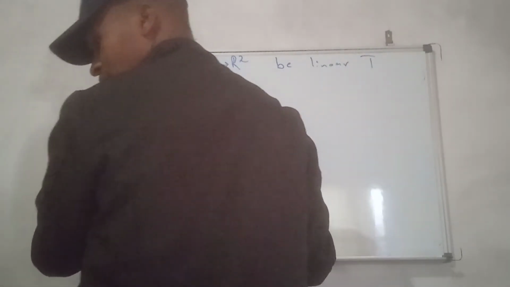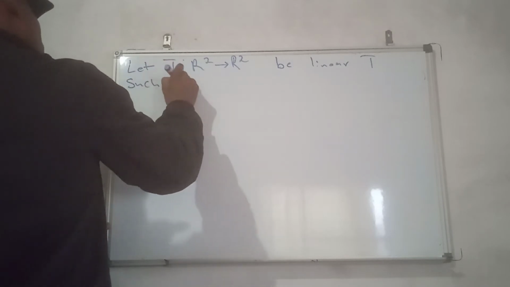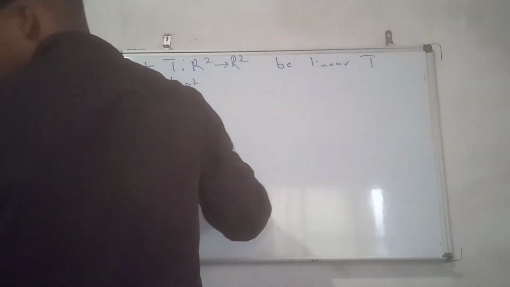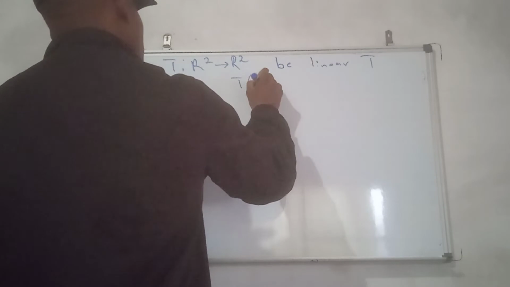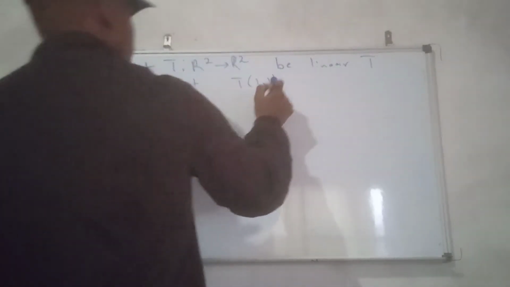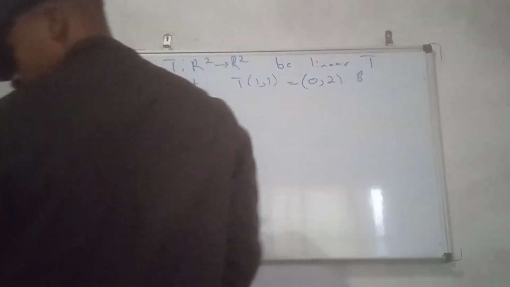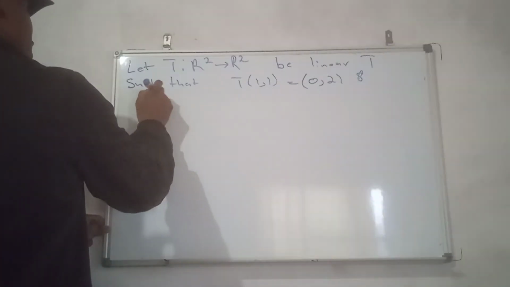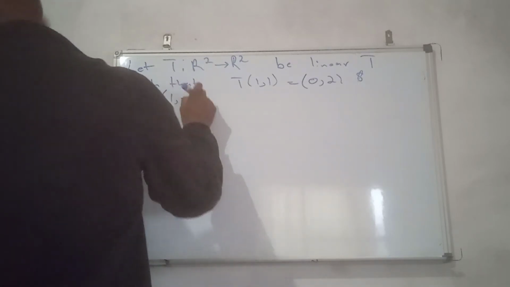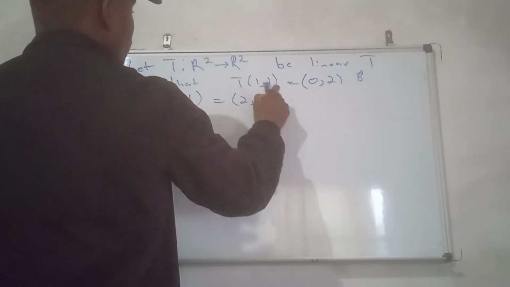T, like I said, is a transformation such that T(1,1) equals (0,2) and T(1,-1) equals (2,0).